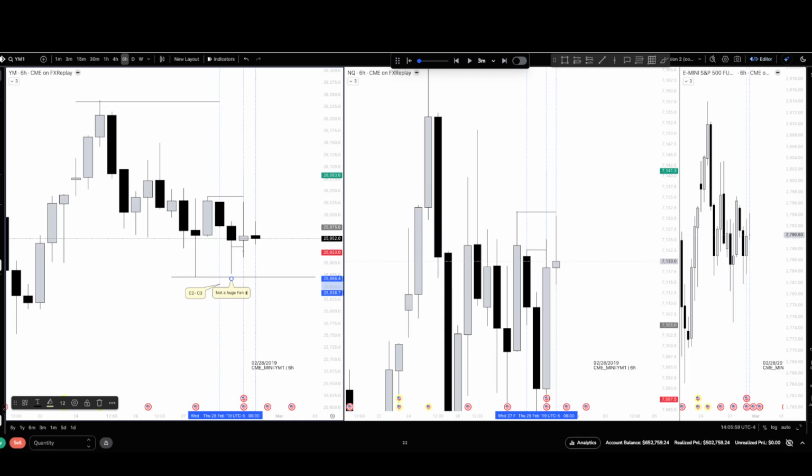Huge fan of equal lows, but YM cleaned up and NQ fell apart. So just taking notes on what we are looking at.